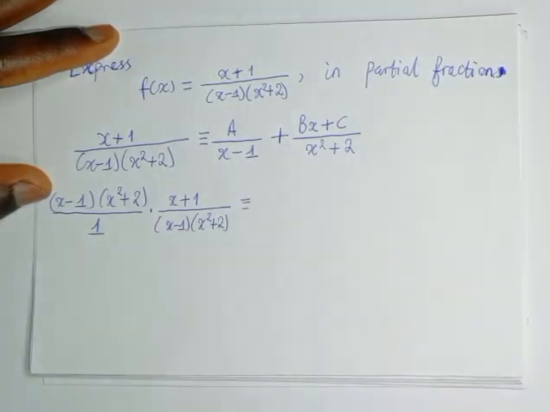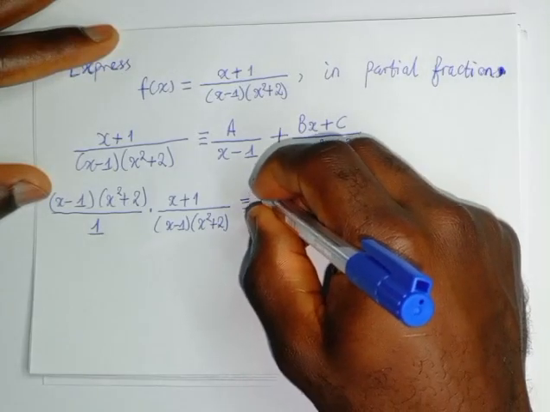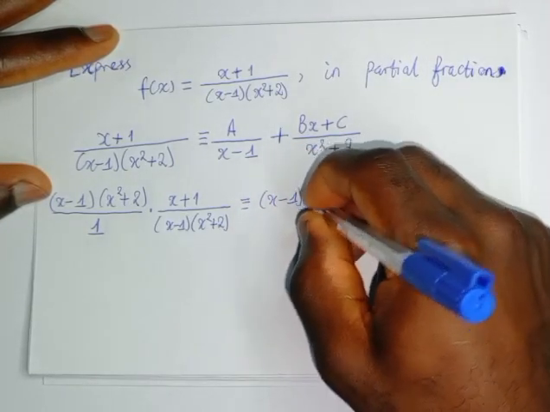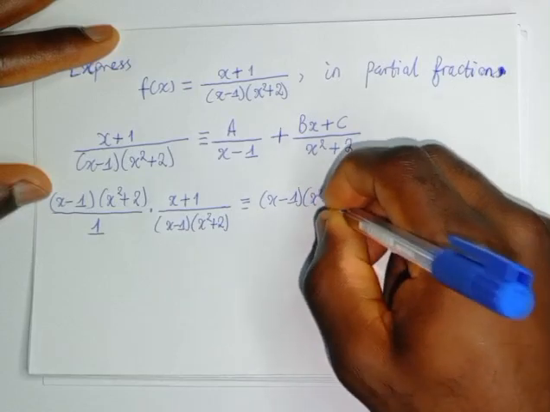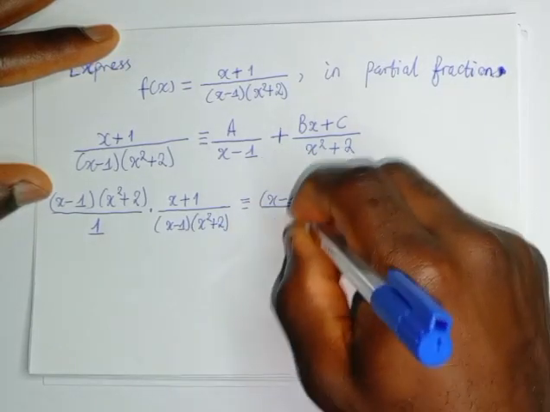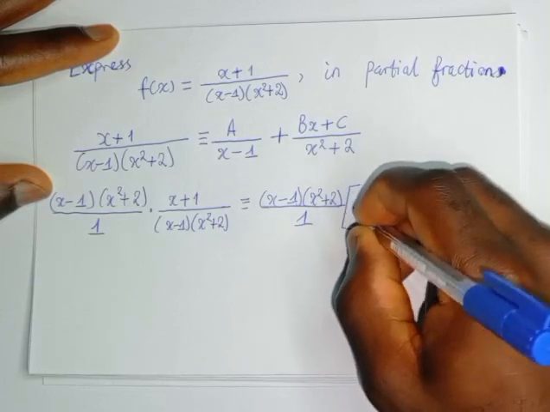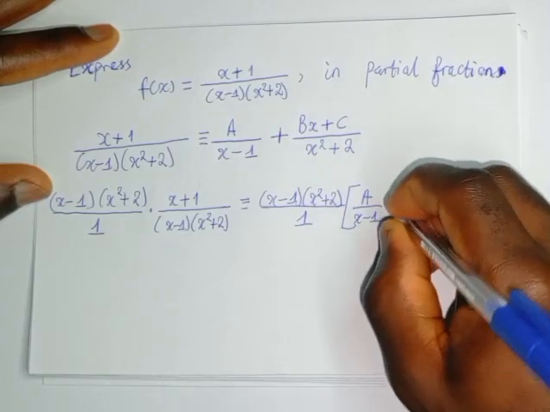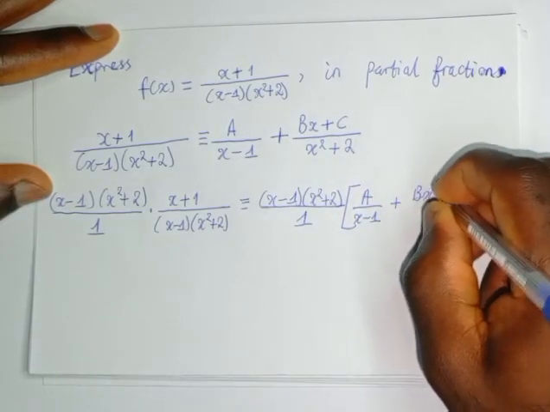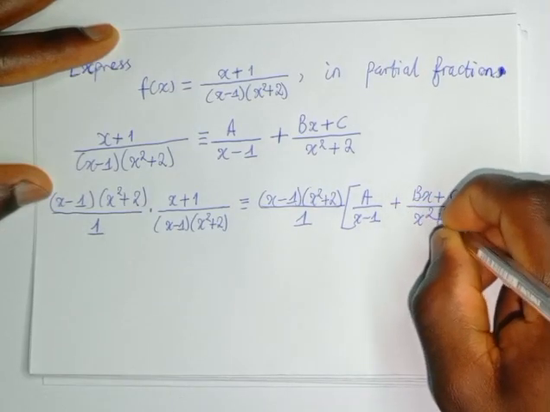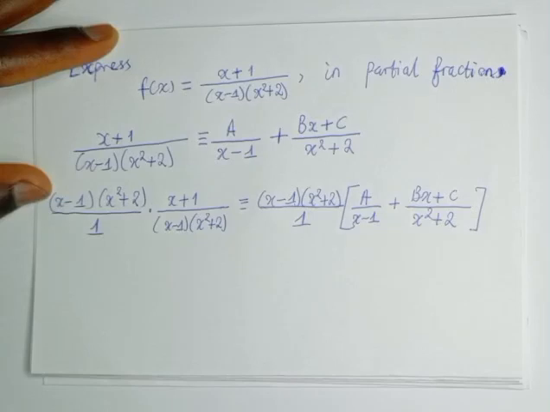This dot here stands for multiplication. This will be identical to (x minus 1) times (x squared plus 2) all over 1 times a on x minus 1 plus bx plus c over x squared plus 2, like this.